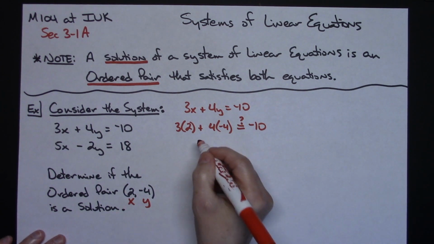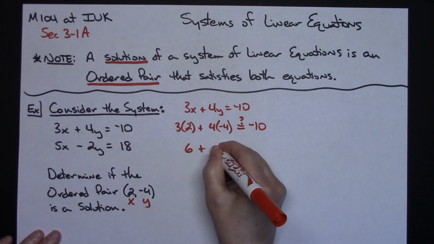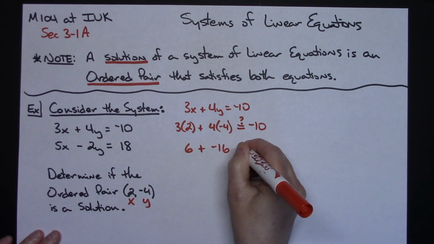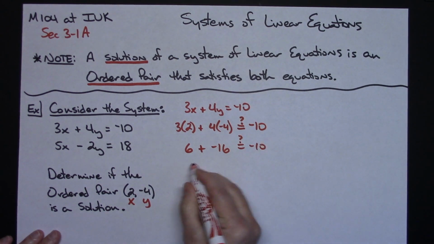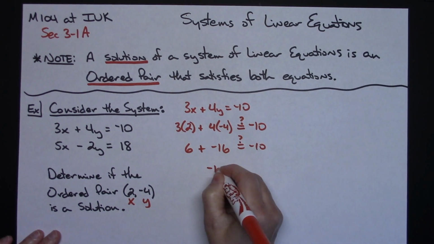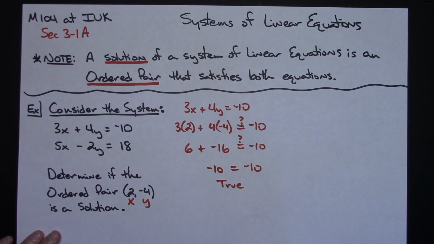Alright, so left hand side, it's just a matter of working this out. This is going to be 6 plus -16. Alright, and then does that equal -10? Well, if we add here, we get -10, and yes, that does equal -10, so it works in that one.